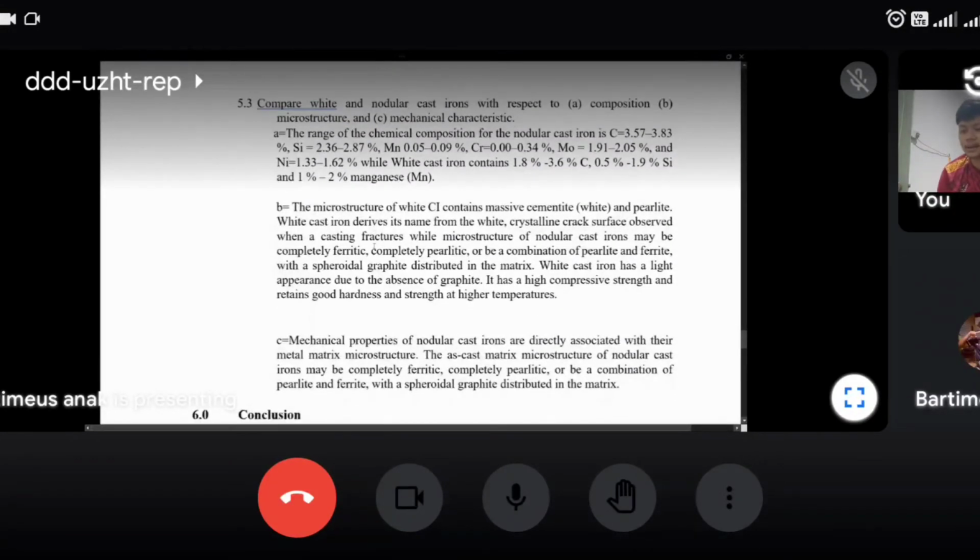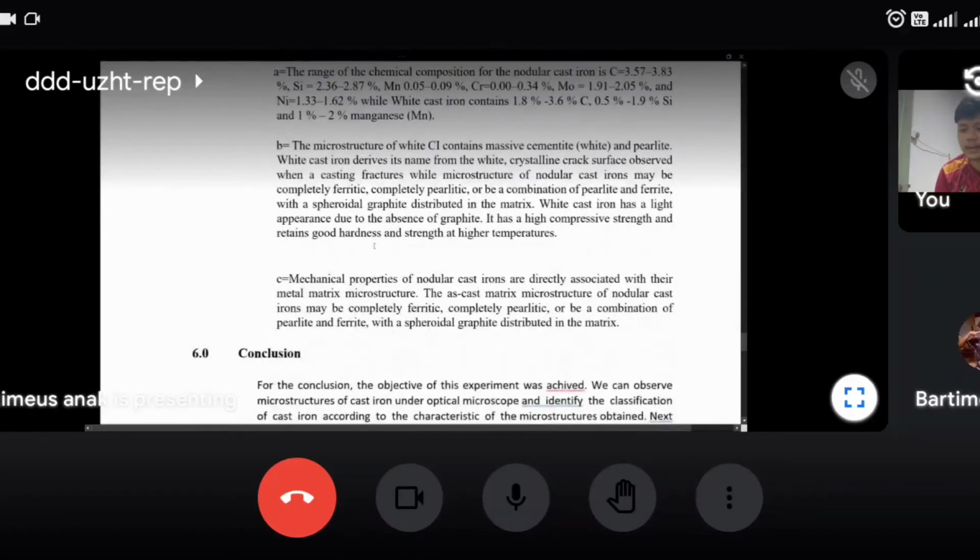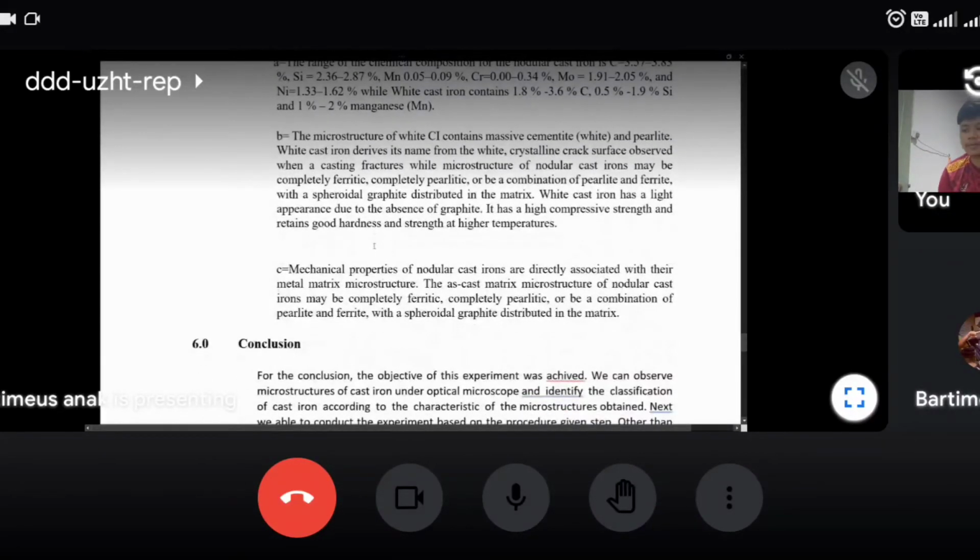White cast iron derives its name from the white crystalline cracked surface observed when a casting fractures, while the microstructure of nodular cast iron may be completely ferritic, or a combination of pearlite and ferrite, with spheroidal graphite distributed in the matrix. White cast iron has a light appearance due to the absence of graphite. It has high compressive strength and retains good hardness and strength at high temperature.